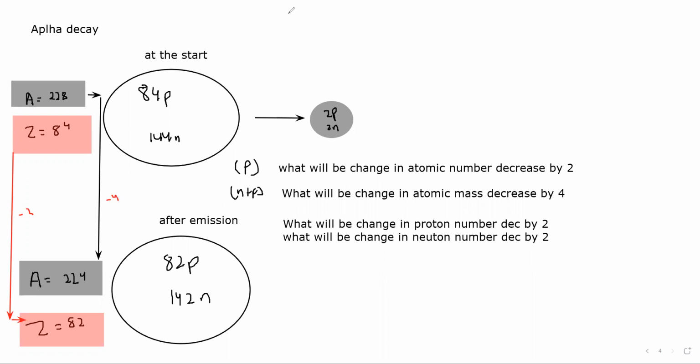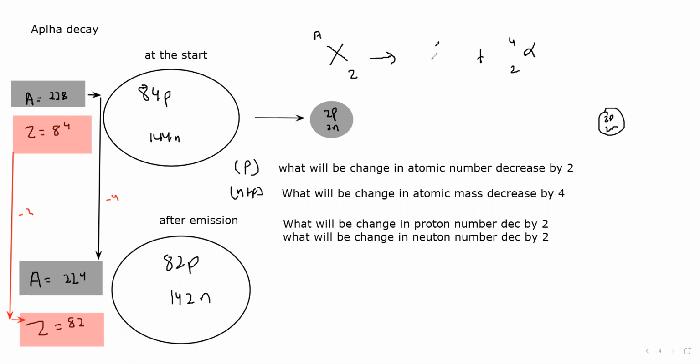So this was -2, this is -4. If we write a general equation for alpha emission, any element is represented by symbol X. A is atomic mass, Z is atomic number. It emits alpha, this is the symbol for alpha. Why 4 and 2? Because alpha is 2 protons and 2 neutrons, so the mass is 4 and the atomic number 2.